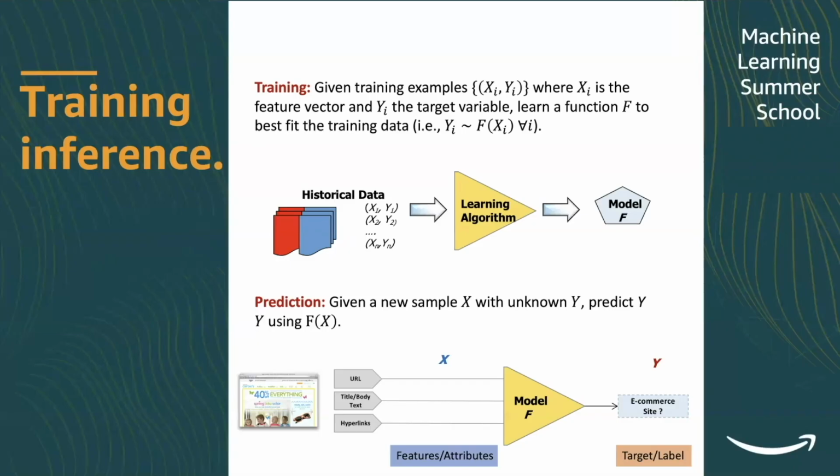So broadly, the split into training and prediction is something very important for us to note, especially because it is performance on the test sample at prediction time that is most important to us. And this performance on the test sample is what is called generalization. And we will come back to this in a few slides.